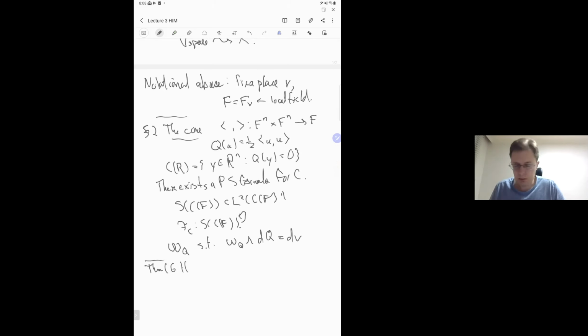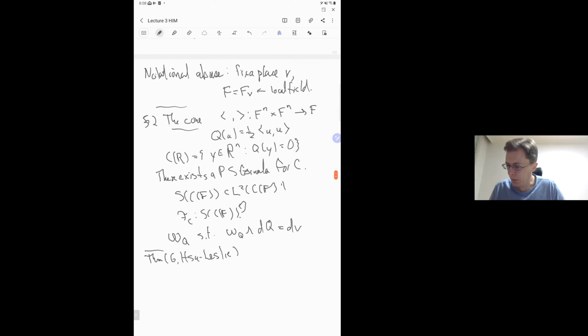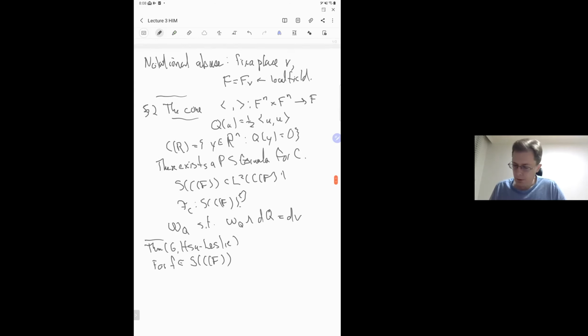So this is recent work of myself, my student Chun-Chen Su, and my postdoc Spencer Leslie. So if I take F in the Schwartz space, and I'm saying Q is split here, then the formula for the Fourier transform is the following.